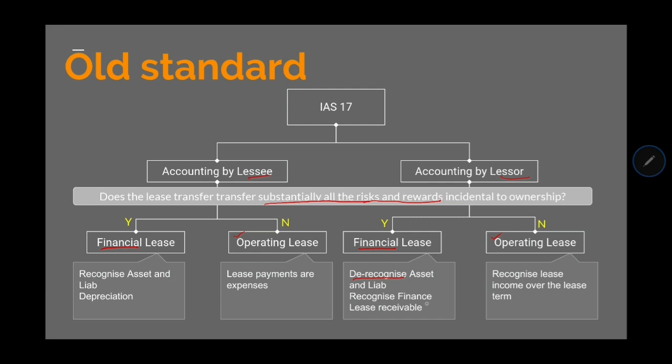All future lease receipts will be split between repayment of finance lease receivable and interest income in the book of lessor. In case of an operating lease, the lessor recognizes lease income over the lease term.